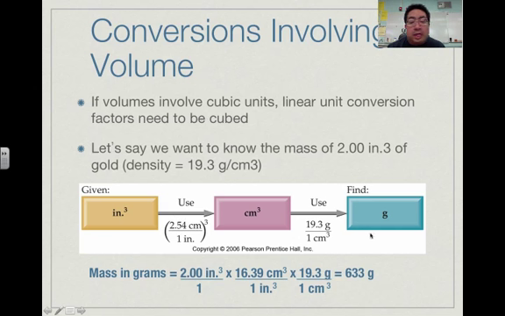If I want to go from cubic inches to grams, I can still use 2.54 centimeters per inch, but because this is cubed, I not only cube the units, I have to cube the number as part of the equality as well. Then this is part of what we can use to get to grams using the density of gold. Here on the bottom, this is another example. We have inches, and this is the cube part of that, if we cube this.